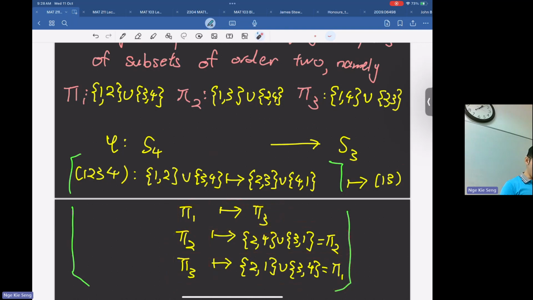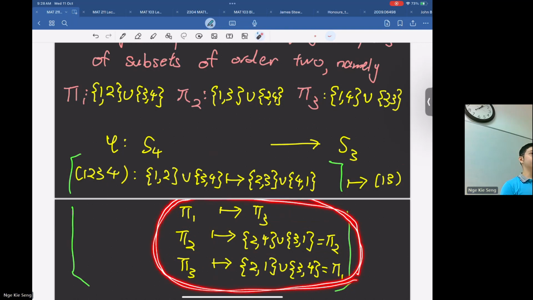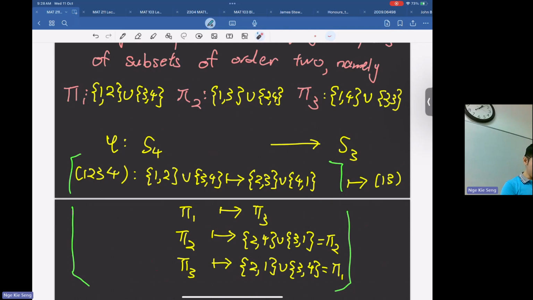So what's the permutation related to this map? 1 to 3, 2 fixed, 3 to 1. What's the permutation that does this? (1 3). So we will send (1 2 3 4) to (1 3) in S3.